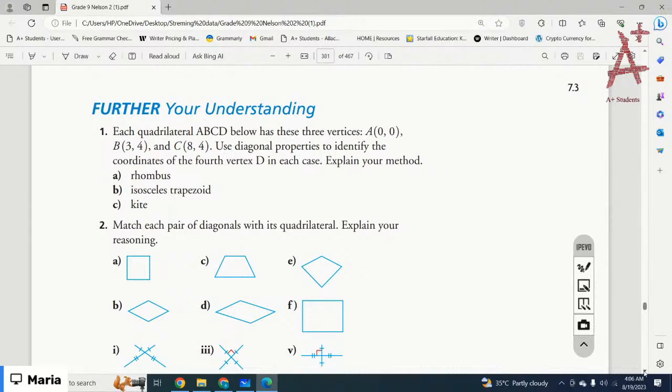We can find the fourth vertex based on the difference in coordinates, right? Hold on. Let me just draw the points on the board. A is (0, 0), B is (3, 4), and C is (8, 4).